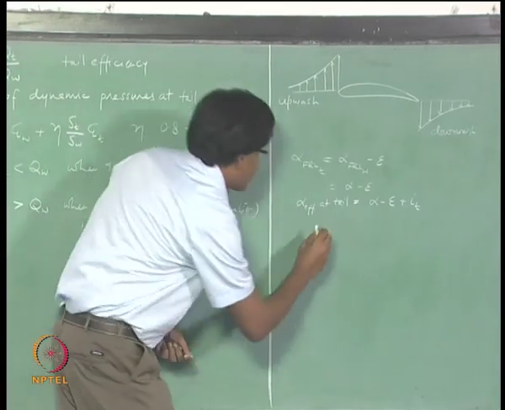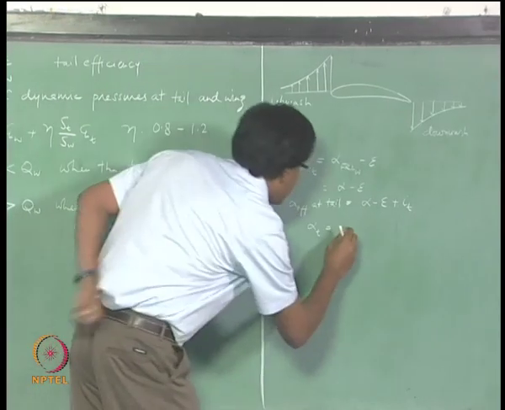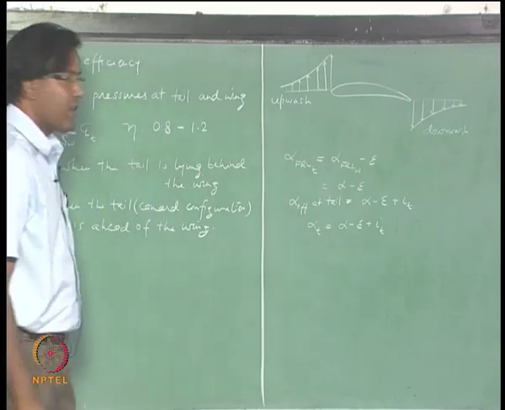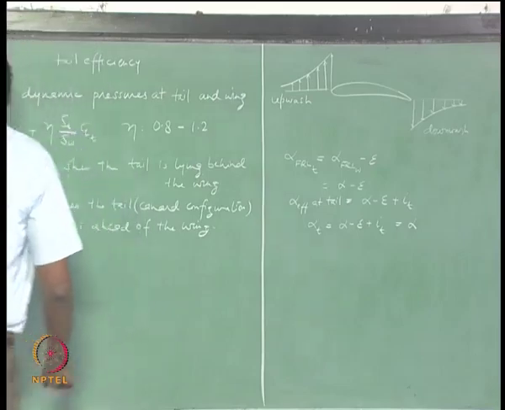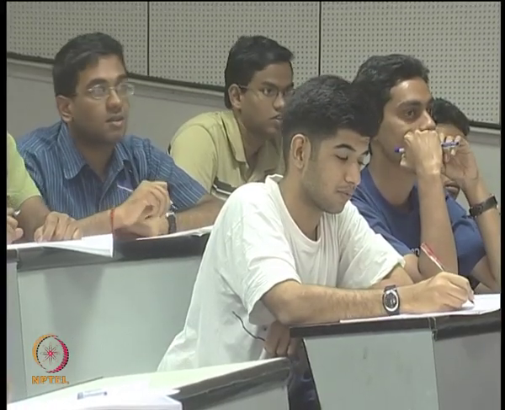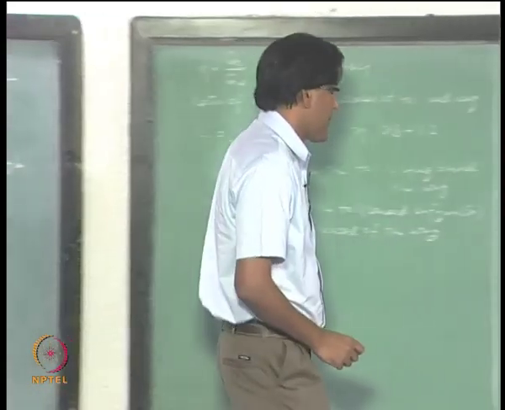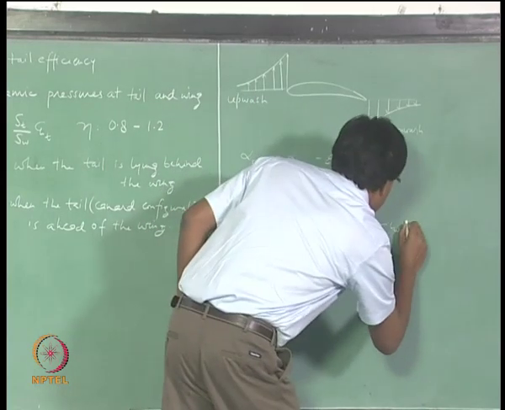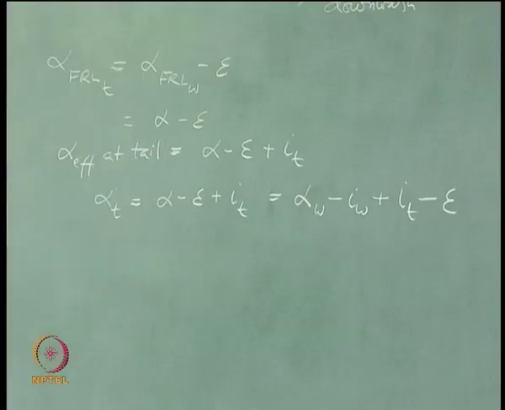So, I am going to write this as alpha T, okay, at the tail, and that can also be written as, so this alpha is alpha w minus I w, right. Okay.